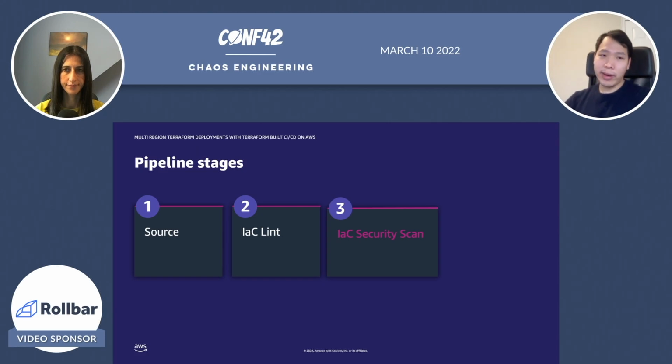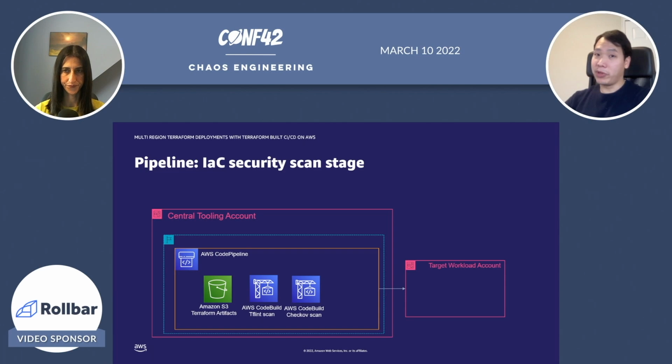Let's take a look at the next stage. The next stage is a very important stage, the infrastructure as code security scan. It's very crucial to have this security scan at this early stage. For illustration purposes, we use an open source tool called Checkov. Checkov is an open source tool that contains thousands of policies.